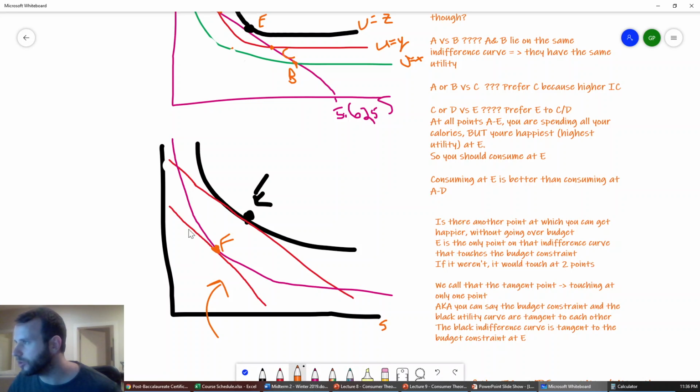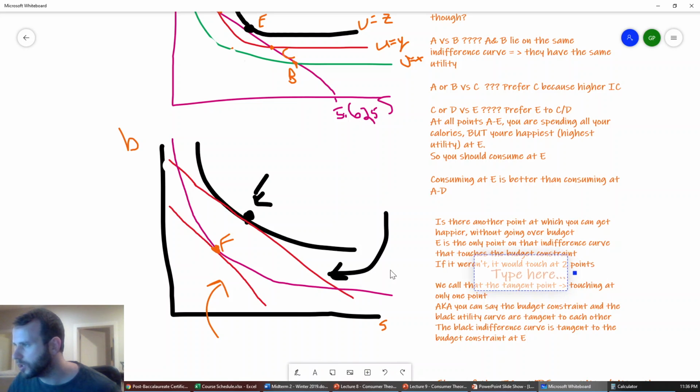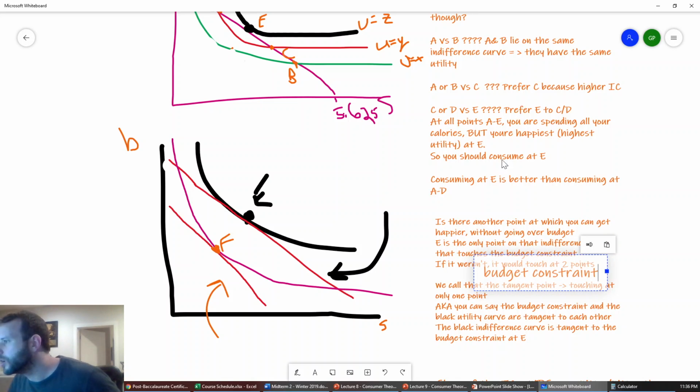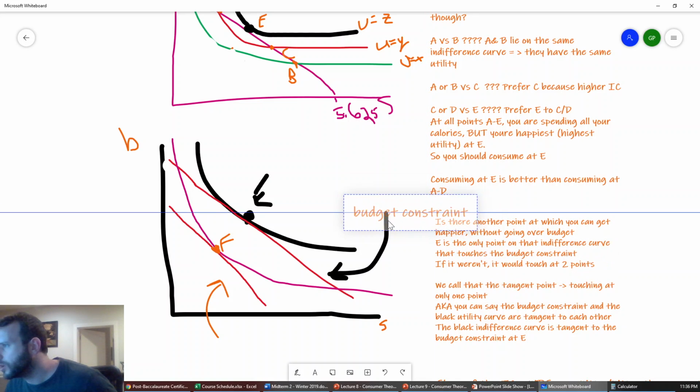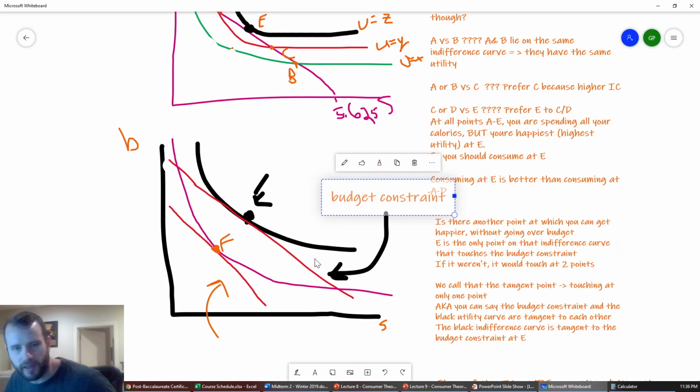S, B. This little red line is the budget constraint.